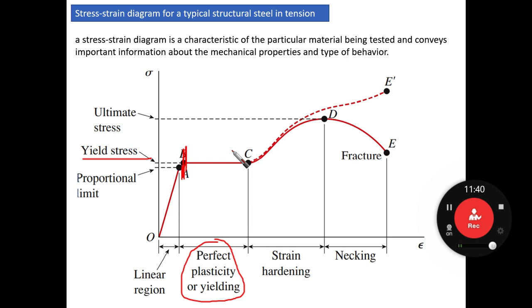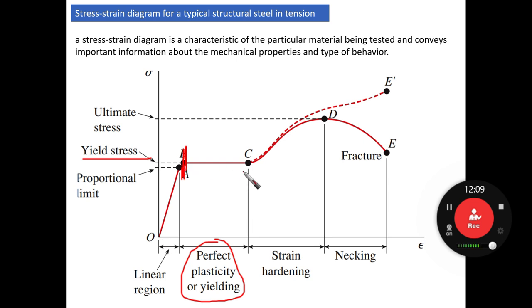We call it perfect plasticity because the material is being elongated and it shows plastic behavior, not elastic behavior, as I'm going to talk about later on. Elastic behavior was in the linear region, where whenever we unload the specimen, the material takes back its original shape.